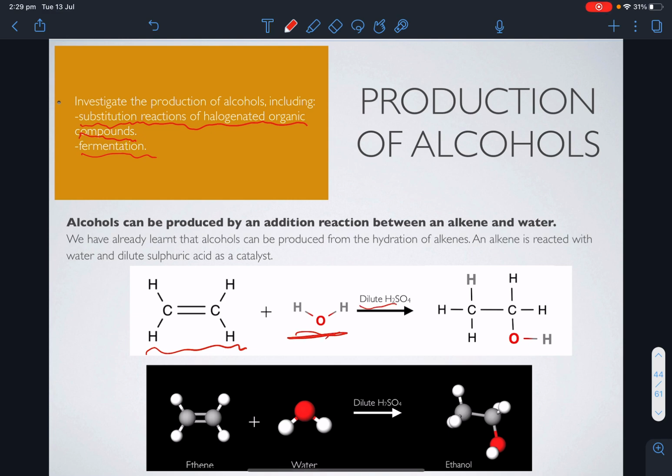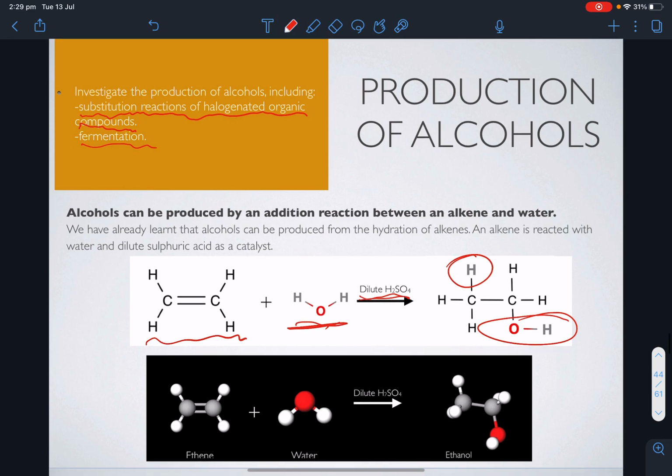Remember that we need dilute sulfuric acid to do this, and then we're getting an alcohol group and that new hydrogen added across there. So we're going down to an alkane backbone, so we're producing an alkanol. So ethene, water, making ethanol. So that's one way we can make an alcohol, is taking unsaturated and adding water across it.